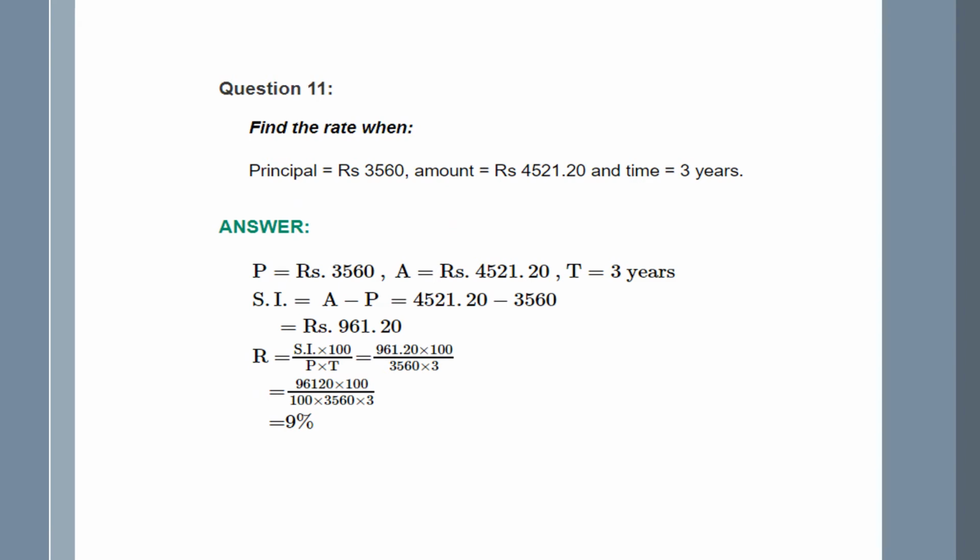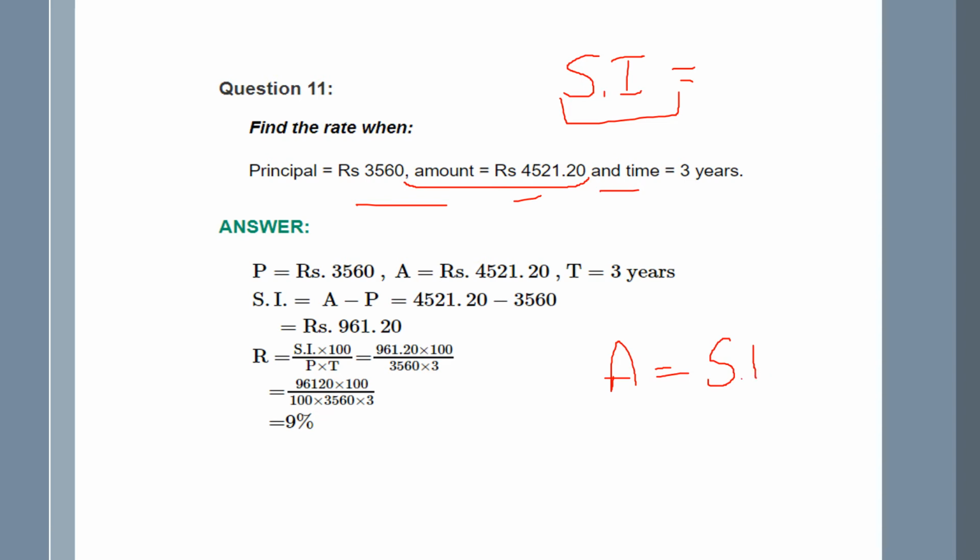Again the same question, you have to find the rate; principal, amount and time are given. What is different in this question? This time amount is given to you instead of SI. So what will you do? First of all, you have to find the value of simple interest, SI. How will you find it? You know very well that the formula for amount is simple interest plus principal.